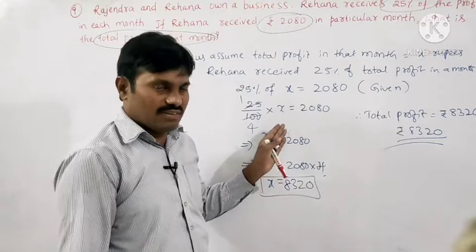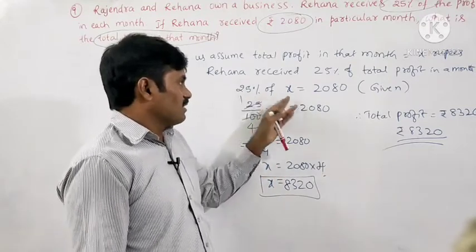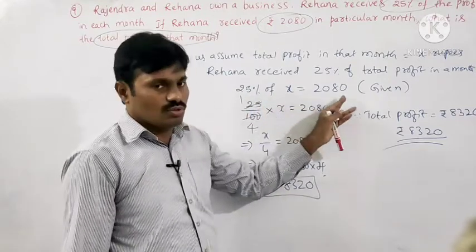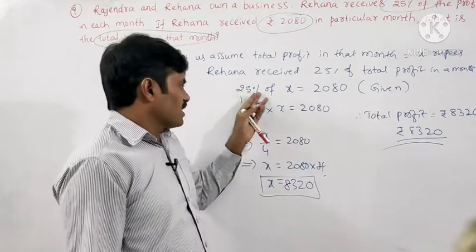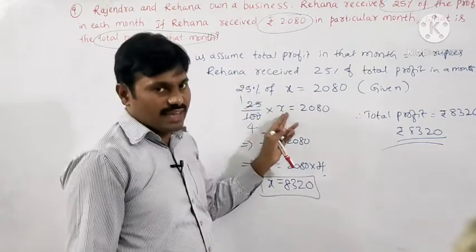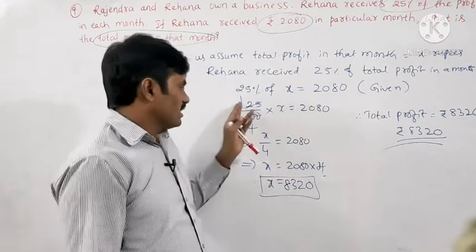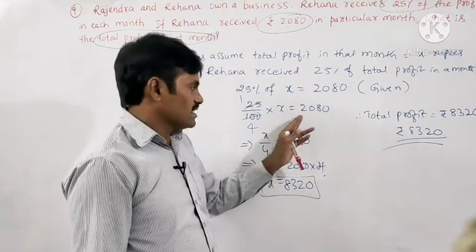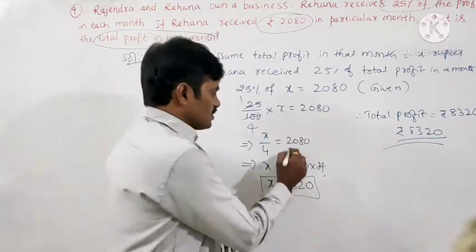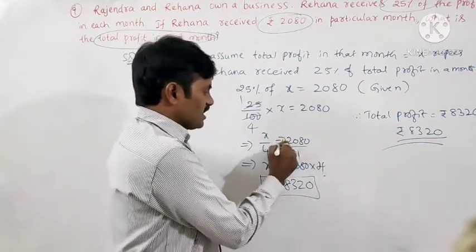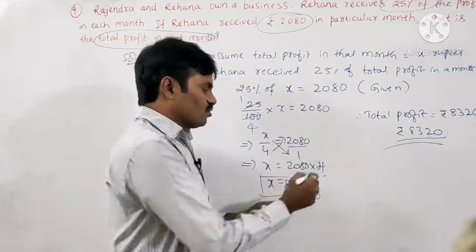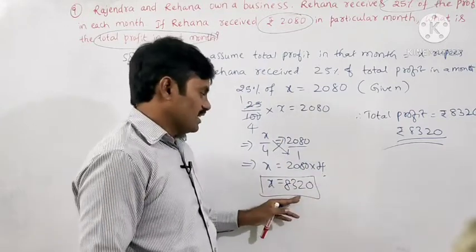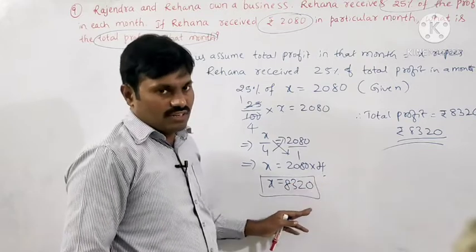Once again I will explain. Here they give 25% of X is equal to 2080. 25% means 25 by 100 into X is equal to 2080. Here 25 divides 100 four times, so X by 4 is equal to 2080. By cross multiplication, X is equal to 4 into 2080, which gives 8,320.